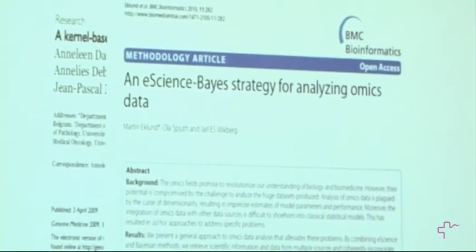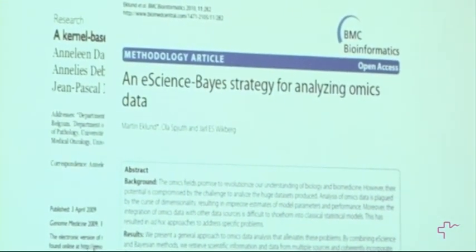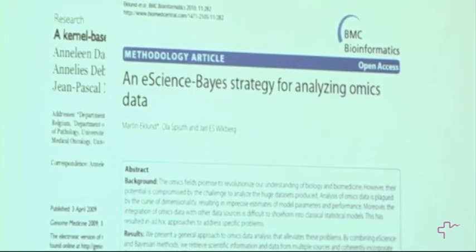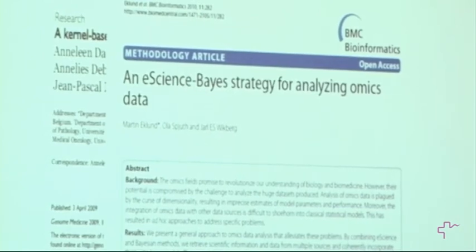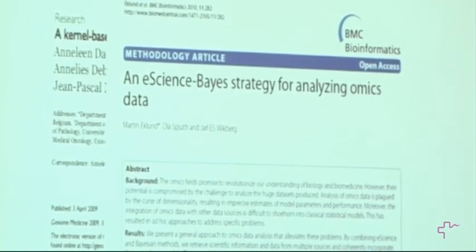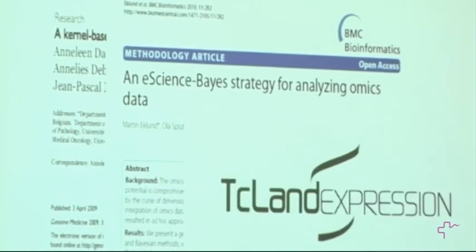In this case, what these people have done is to use different data sets as a prior, and then use a Bayesian approach to combine some of these data sets taken as a prior with another data set.